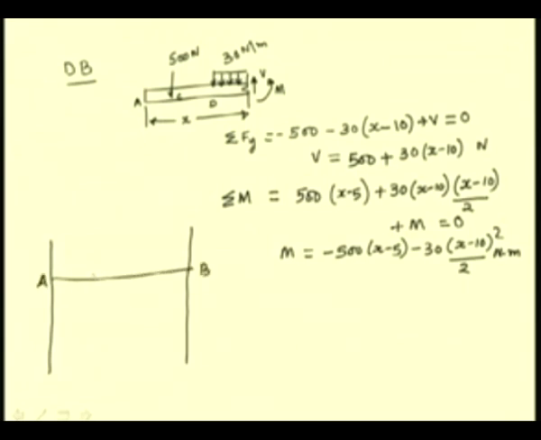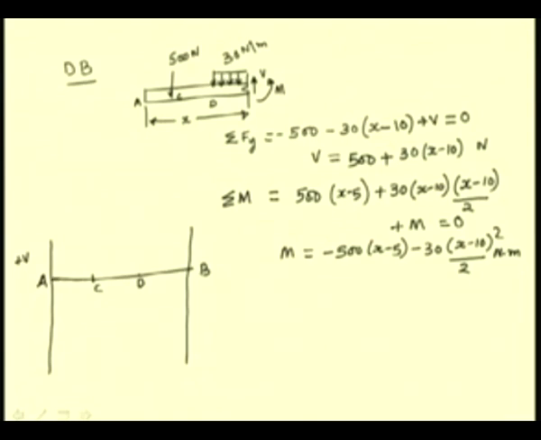Let these be the points. So, we have the beam sections AC, CD and DB. In the section AC, we have seen that the shear force is 0.